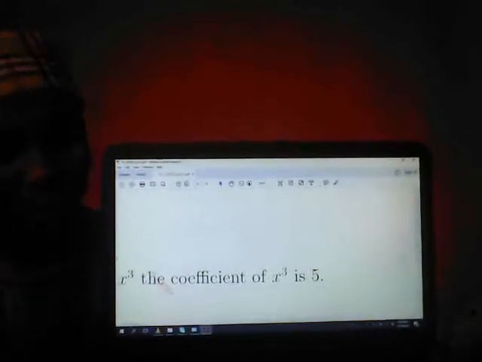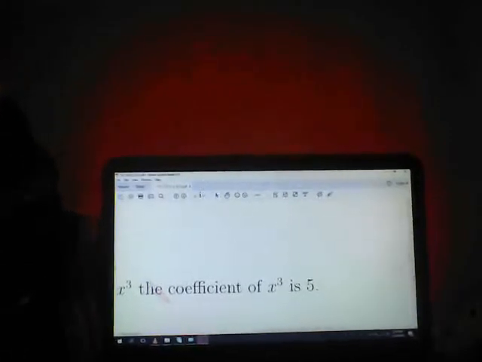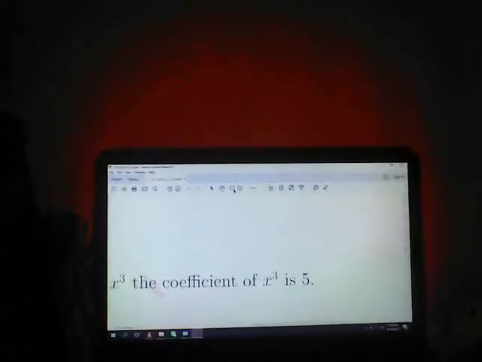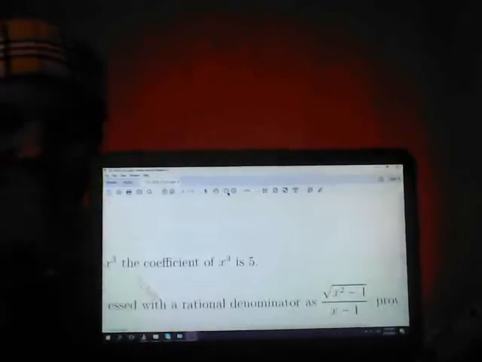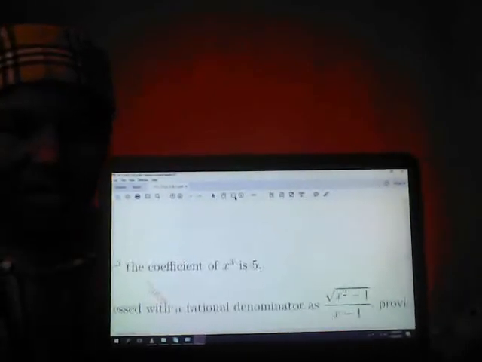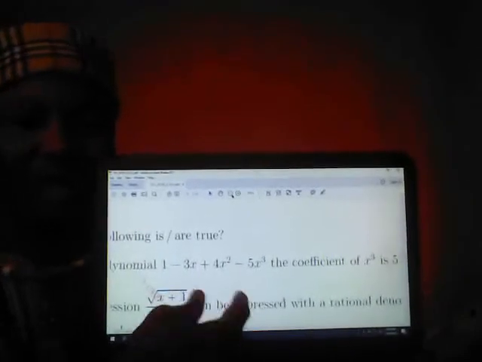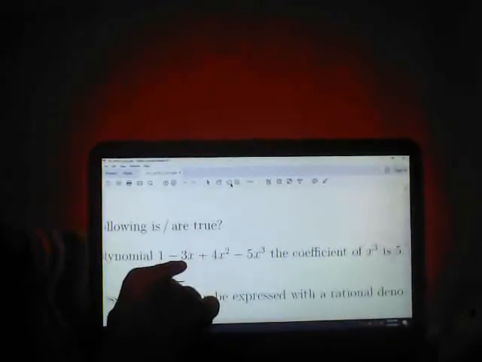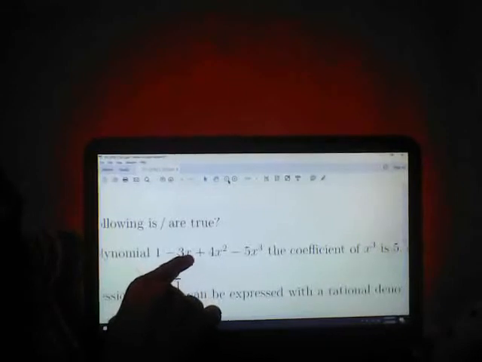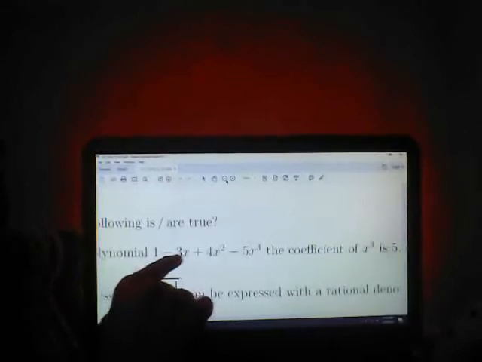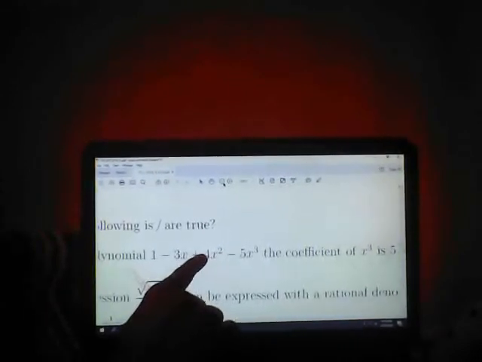So they give us this: if the polynomial, the coefficient of x cubed equal to 5. I'm not going to do this question, just tell you right away. You see this?